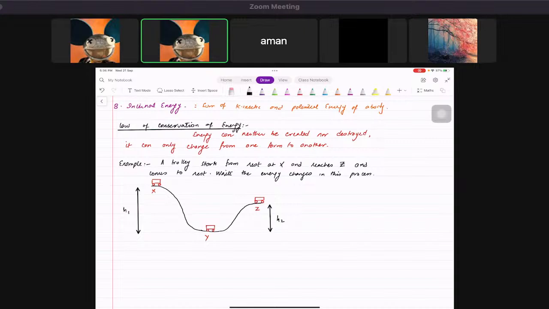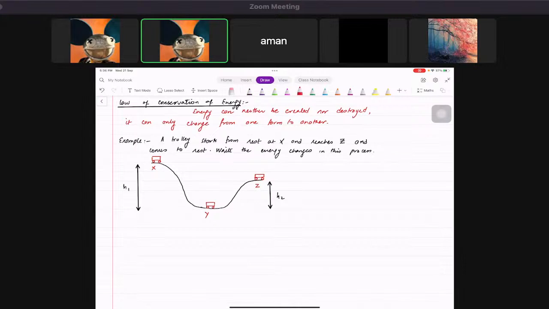So we can say that from X to Y, gravitational potential energy has gone to kinetic energy plus heat, because otherwise it would not lose that energy, right?